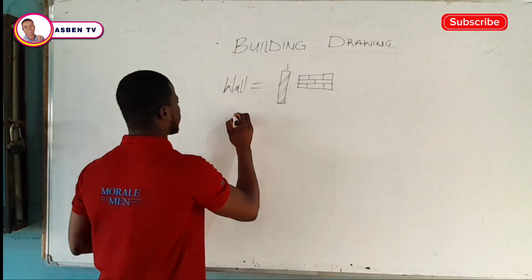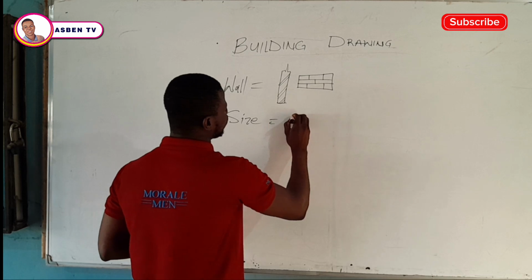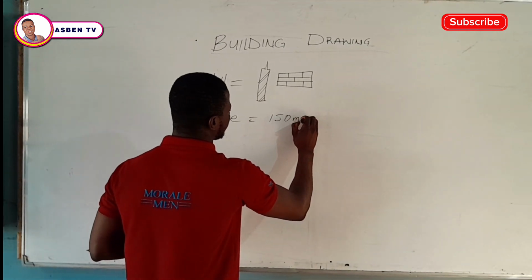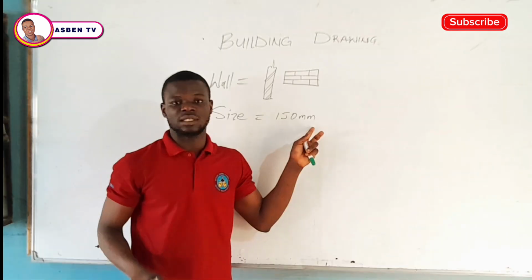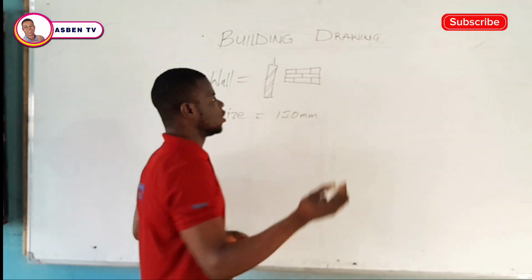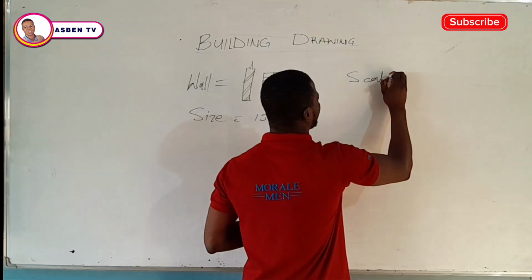So before we continue, let's go straight to know the size of a wall. The size of a wall is equal to 150 millimeters. And when they give you 150 millimeters in building drawing, they will add the scale. Always in building drawing, we have scale. The scale would depend on the portion provided.